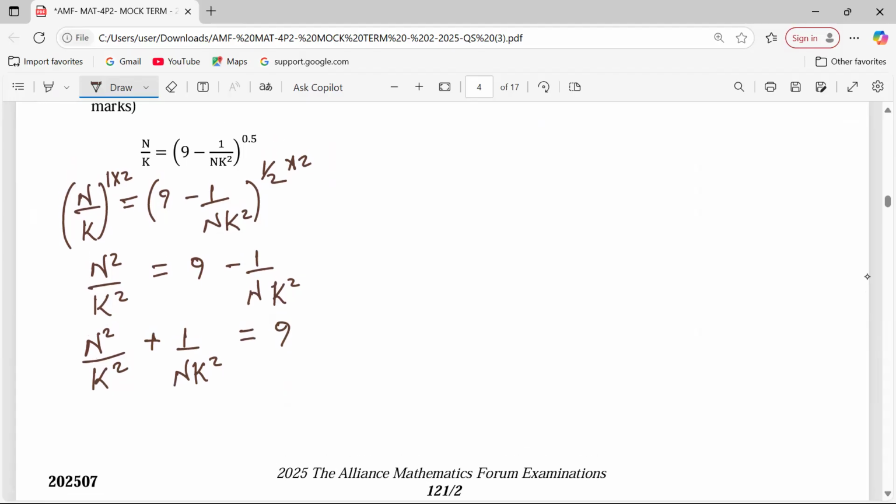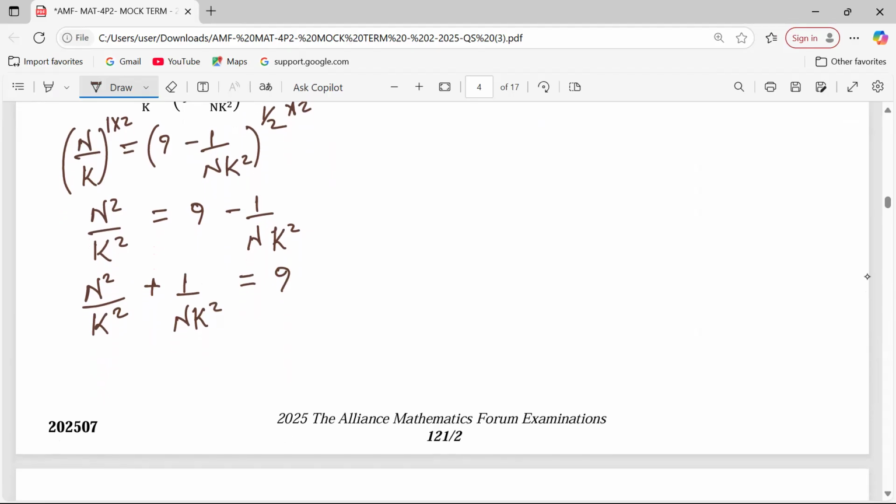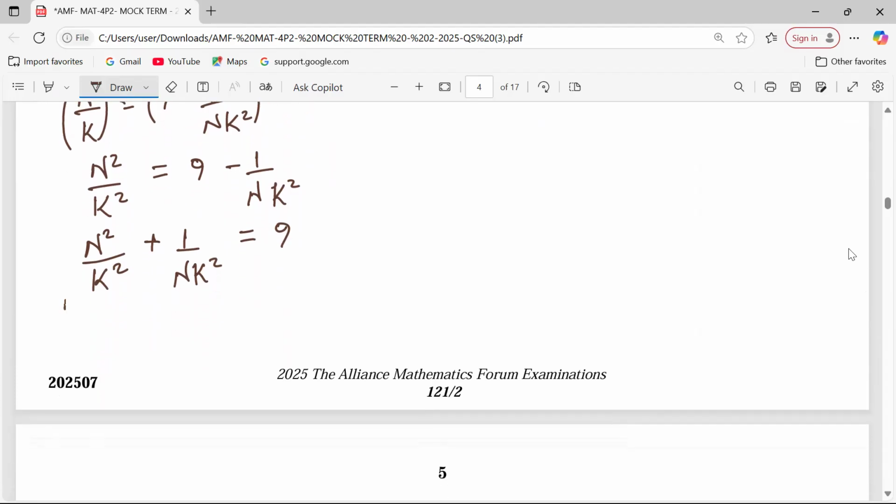So we remain with 9 alone on the right-hand side. And on the left, what are we having? N squared over k squared. Then the negative 1 over nk squared now becomes positive to the left. That way, we can factor out 1 over k squared and remain with n squared plus 1.